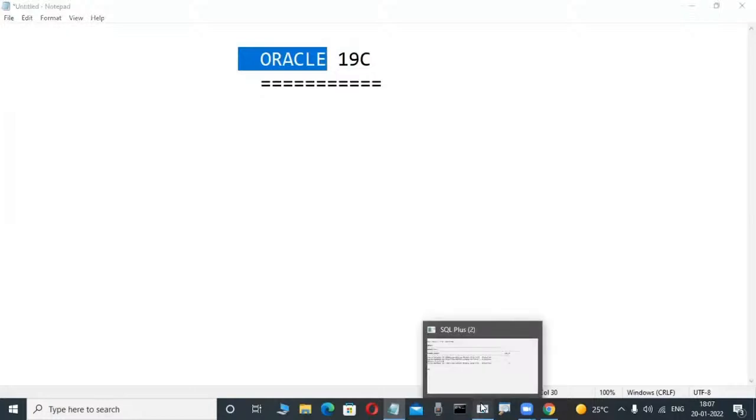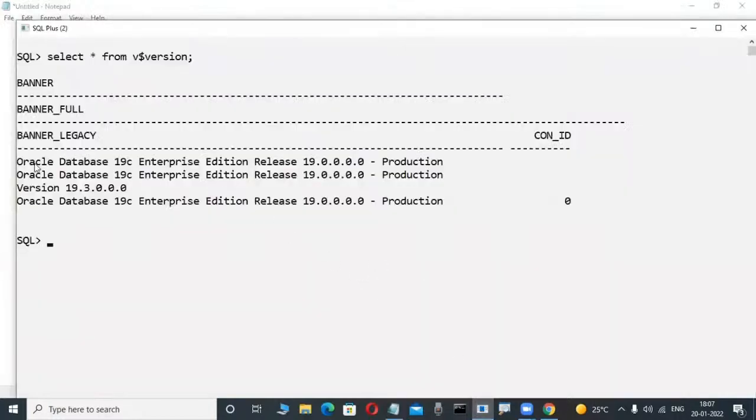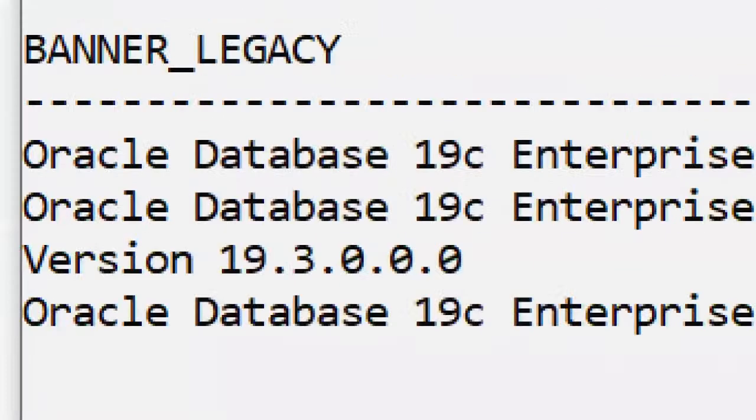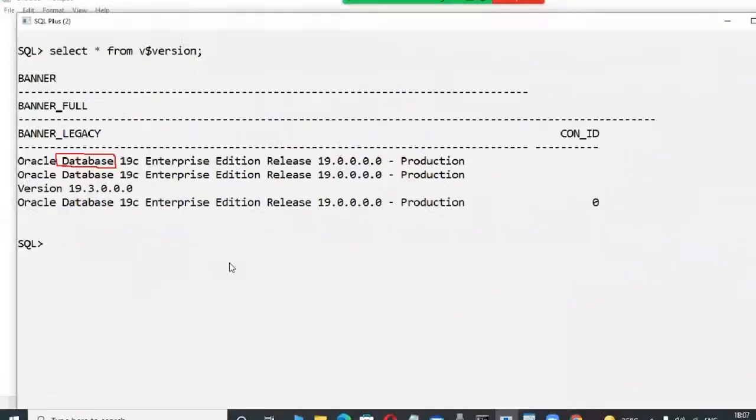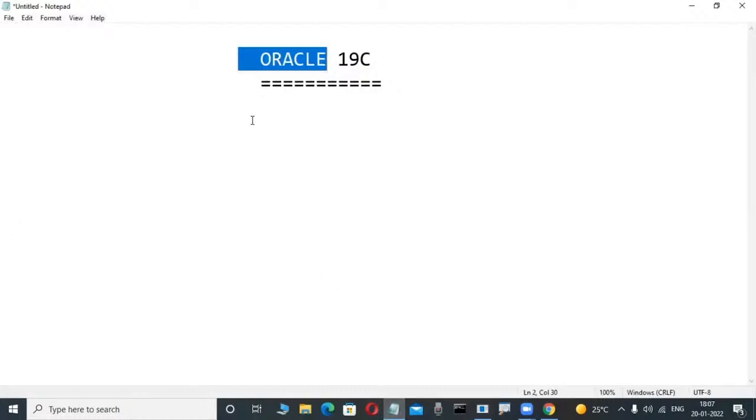Slowly observe the screen. Oracle is a product from Oracle Corporation, and it is a database product. Many of you have an idea that Oracle is a database product. Okay, fine.